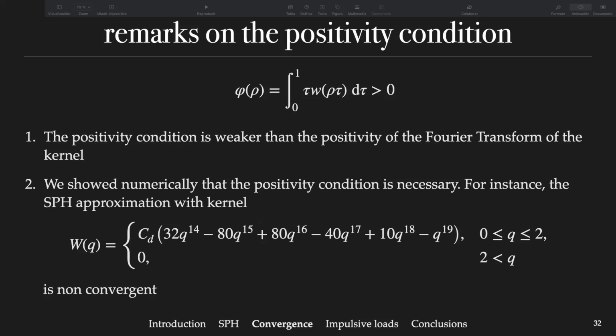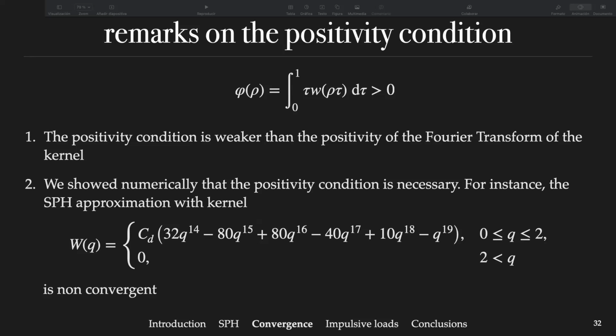However, this does not imply that there are no kernels with non-positive Fourier transform that also fulfill the condition. Actually, we have numerically shown that the cubic and the linear spline, and I will now show you the results, also satisfy the positivity condition while they do not have positive Fourier transform.